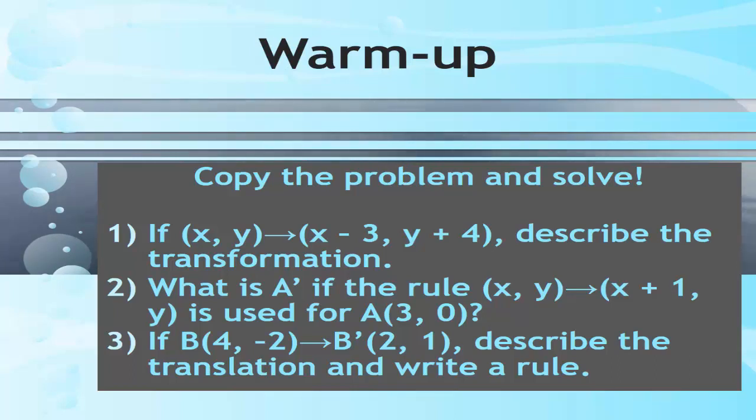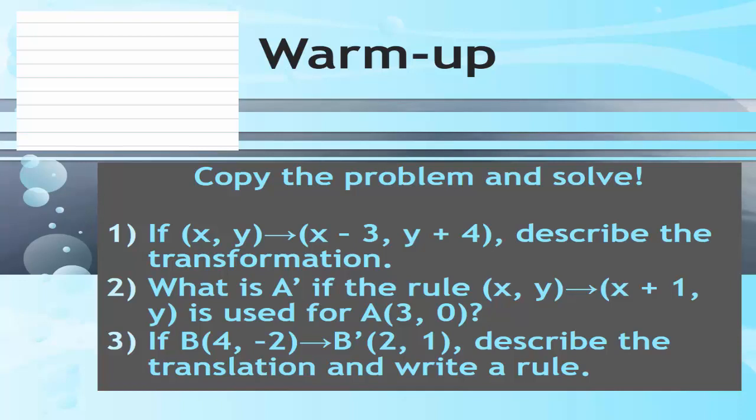So our transformation rule would start with (x, y) for B forms B prime at (x minus 2, that's how we got from 4 to 2, comma, y plus 3. That's how we got from negative 2 to 1.